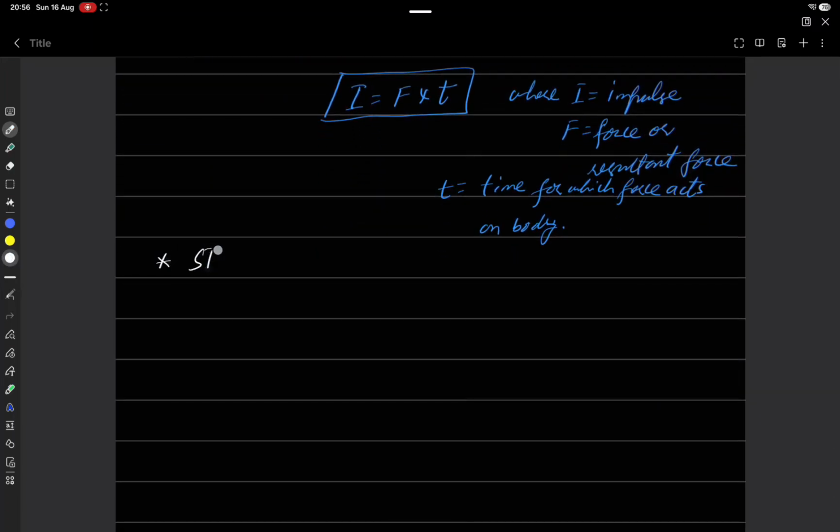SI unit: Newton second or kilogram meter per second.